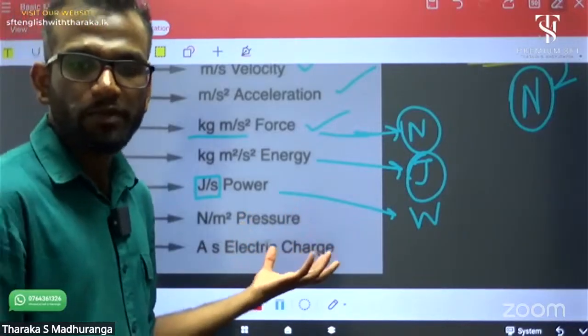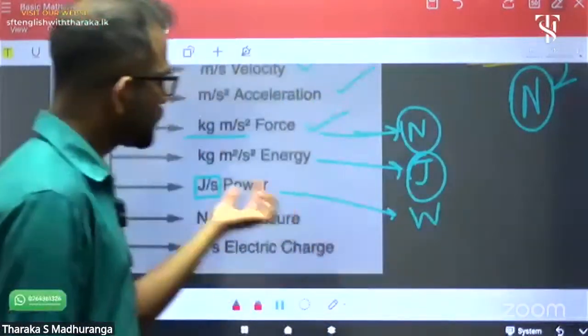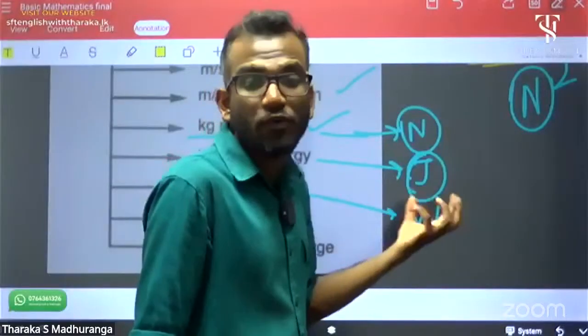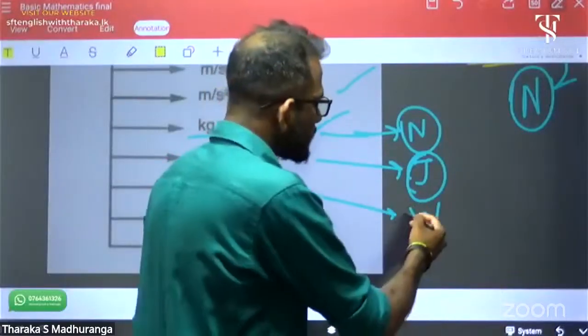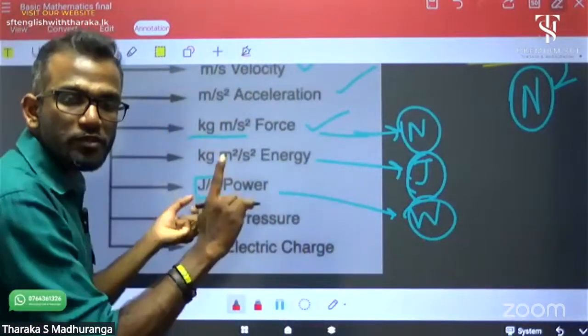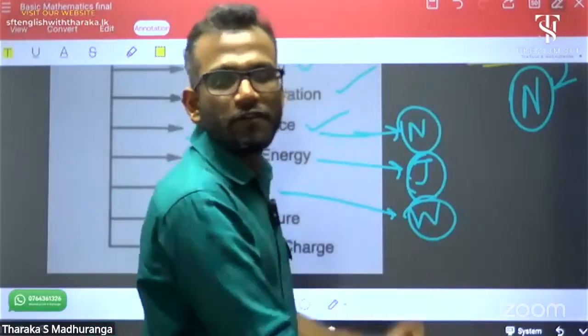I think you can remember from O level science. But we use what? James Watt is the scientist who found this concept. Therefore we say 1 joule per second equals 1 watt.